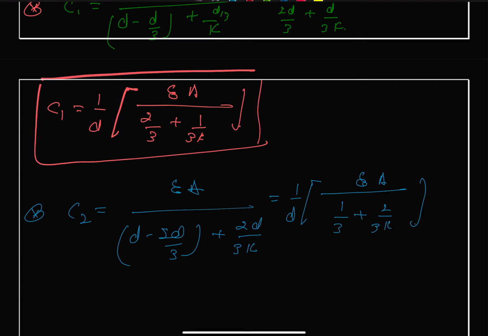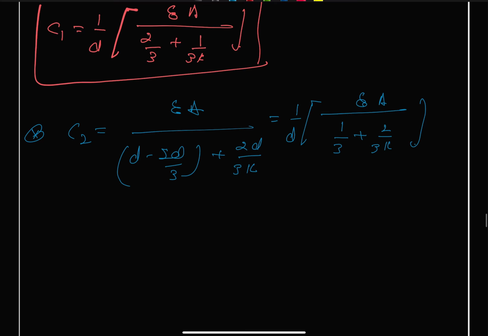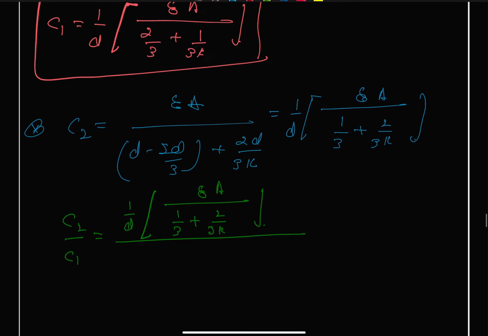So let us take the ratio of C2 by C1. C2 we have 1 upon d, and this comes as epsilon naught A upon 1 by 3 plus 2 by 3 times k, and C1 is also 1 by d, epsilon naught A upon 2 by 3 plus 1 by 3 times k.